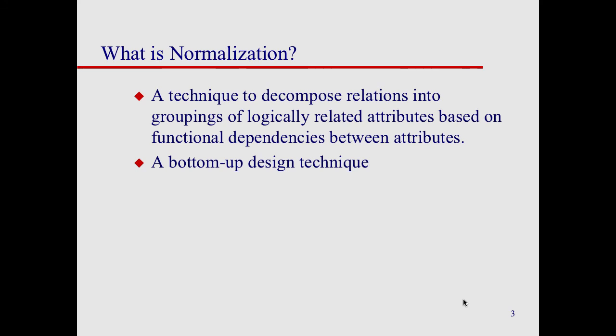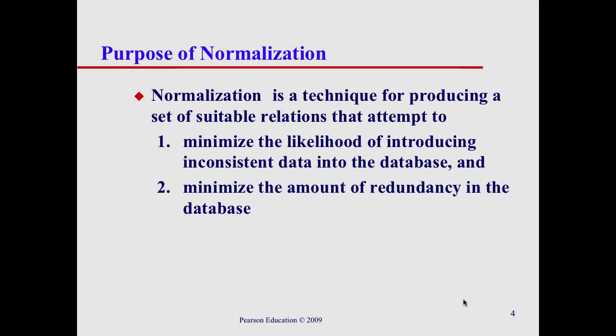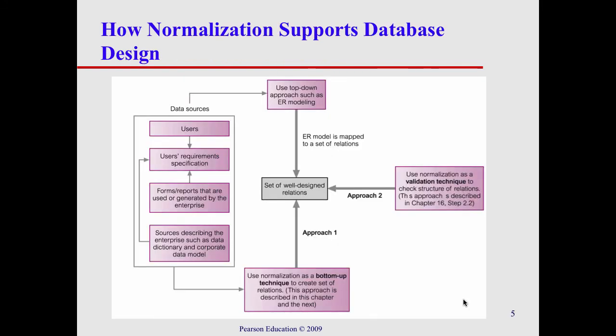So normalization is a bottom-up design technique, and it's used to, as I said, decompose relations based on logical groupings of attributes. And those logical groupings are defined by something we call functional dependencies. And we're trying to reduce redundancy and inconsistency in our database with the normalization technique.